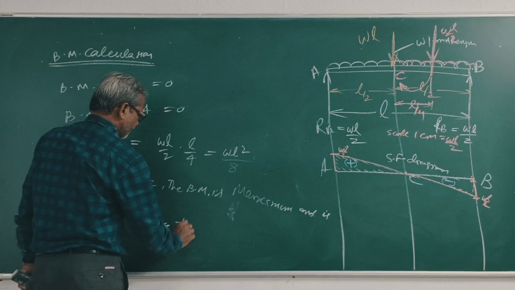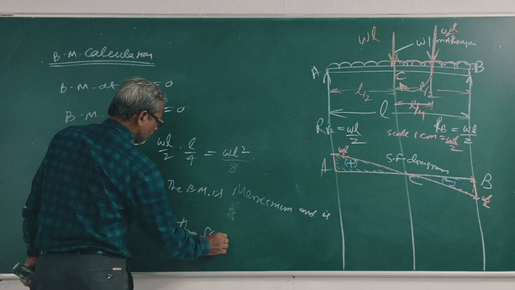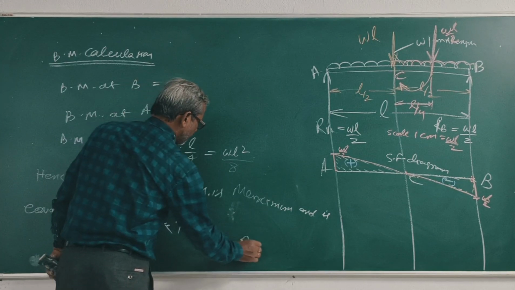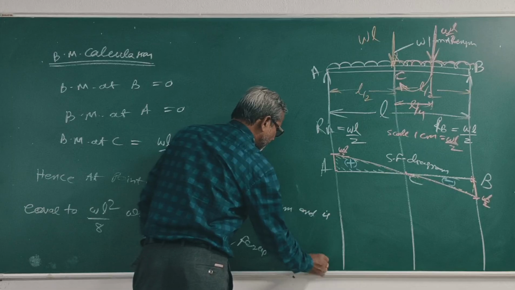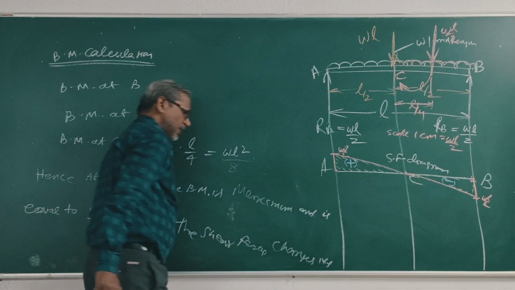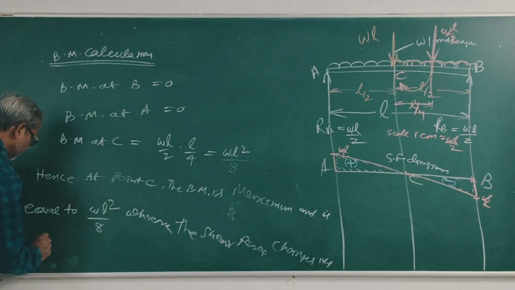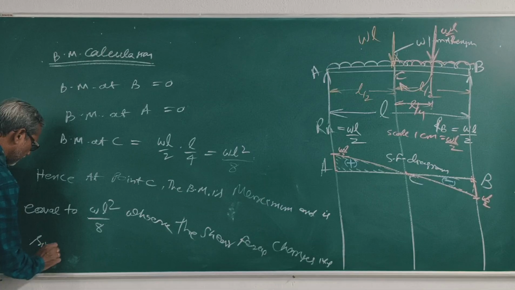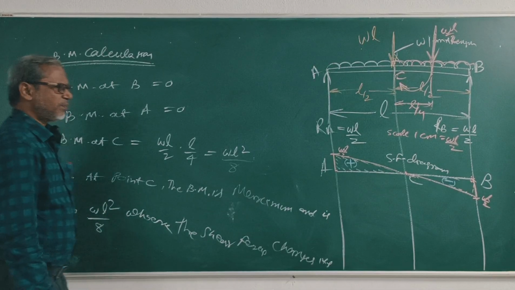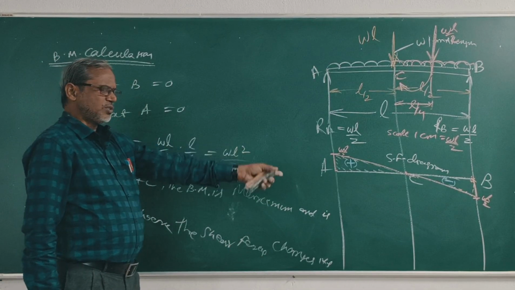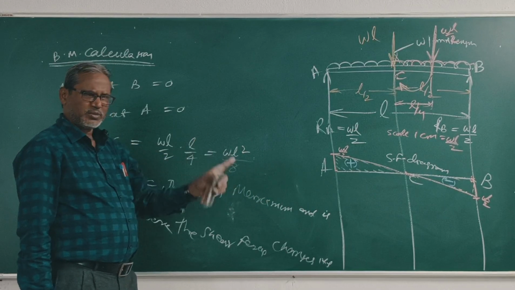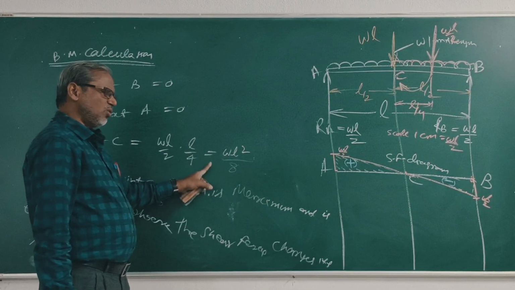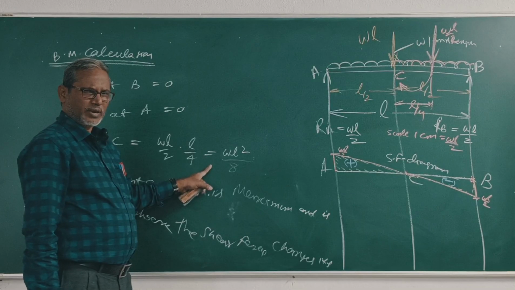The shear force changes its sign. Clear? At C, the shear force changes sign. Hence, at this point, the bending moment is maximum. It is equal to wL square by 8.